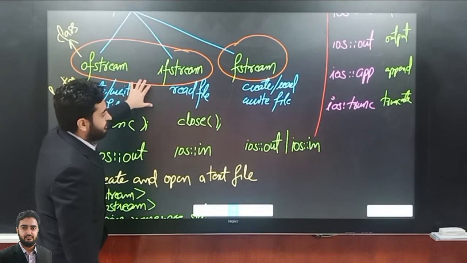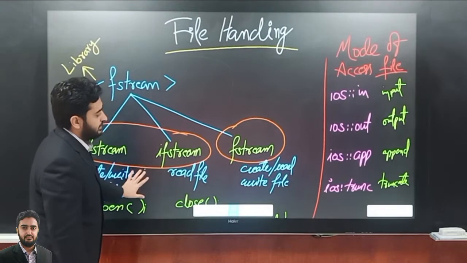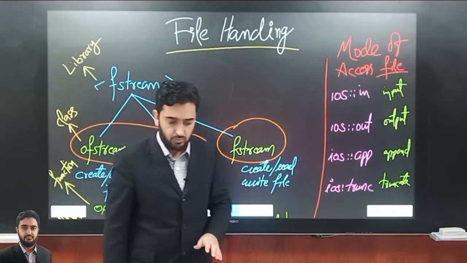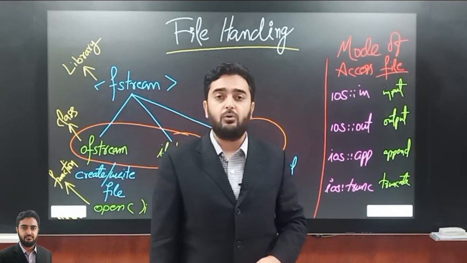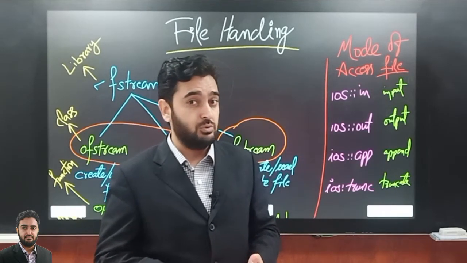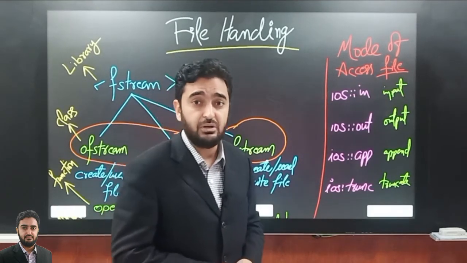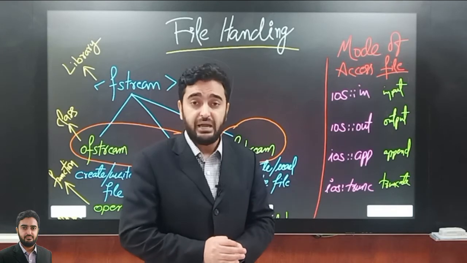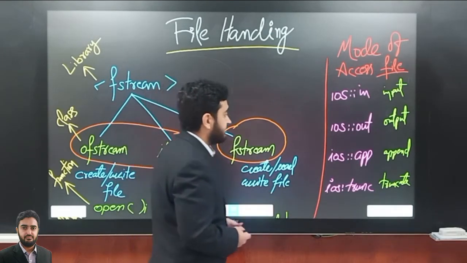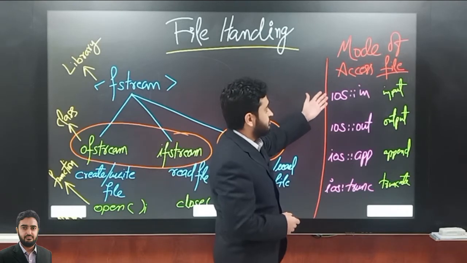If we open the file, there can be different modes to open it. The file can be opened for input, the file can be opened for output, or the file can be opened so that we may append some text into the file. So there are different modes to access the file.